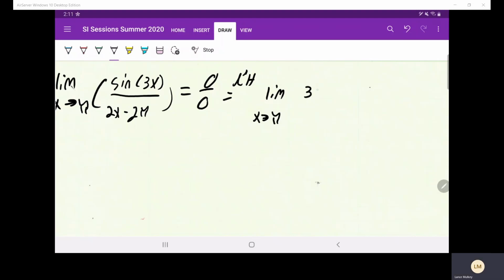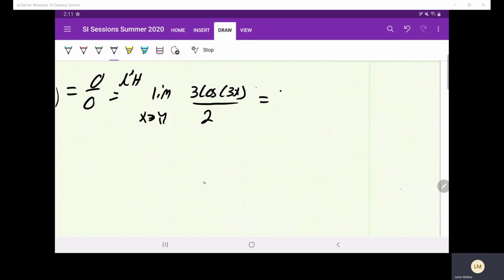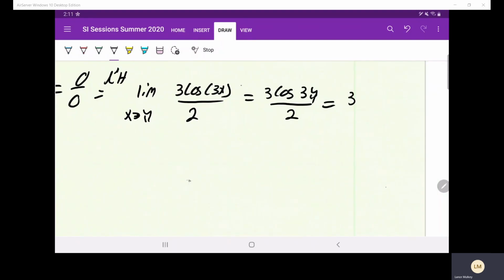It equals 3 cosine 3x over 2. If you plug that in, it equals 3 cosine of 3 pi over 2, which is 3 times negative 1 over 2, equals negative 3 over 2. Nice and easy.